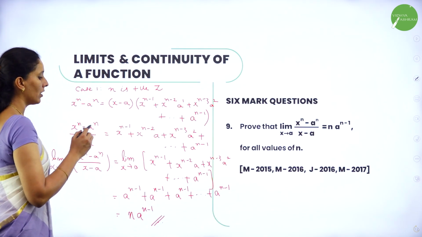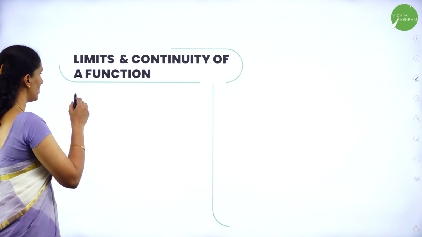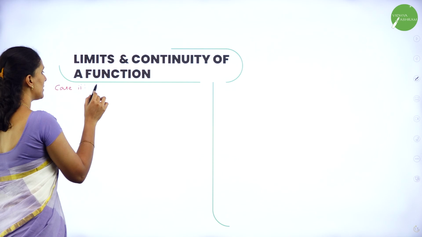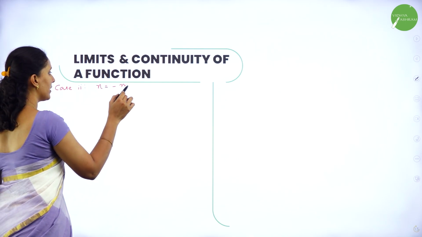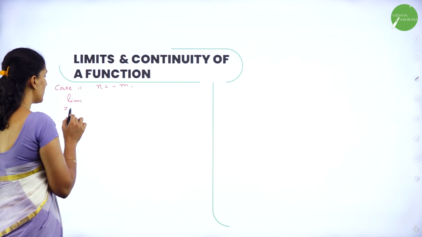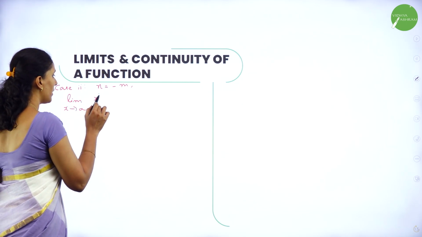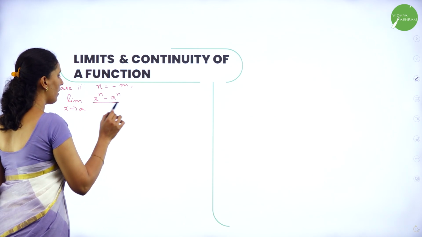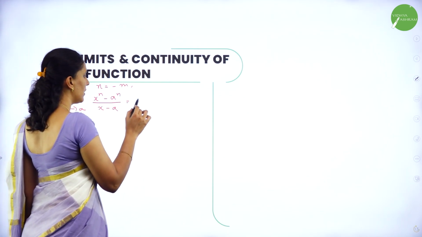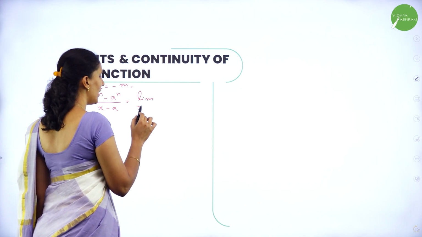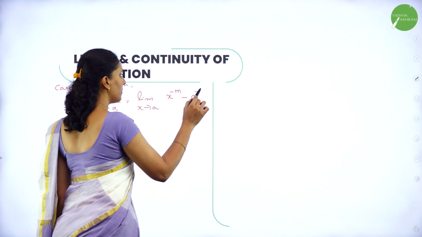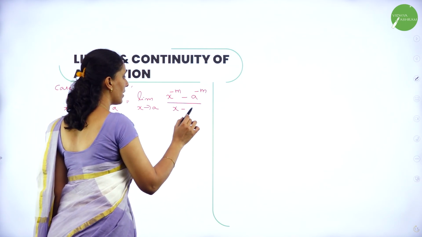Now let's take the limit for negative integer, that is case 2. Let us take n is equal to minus m. Now we know the standard limit, x tends to a, x to the power n minus a to the power n divided by x minus a. Replace n by minus m here, then it will become limit x tends to a, x to the power minus m minus a to the power minus m divided by x minus a.